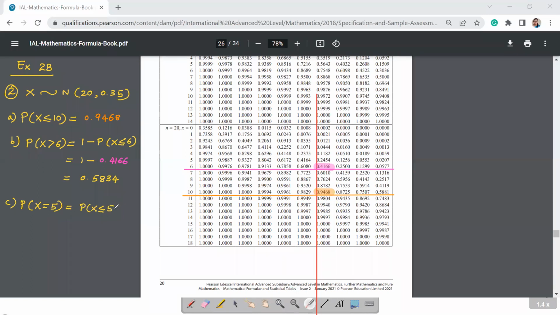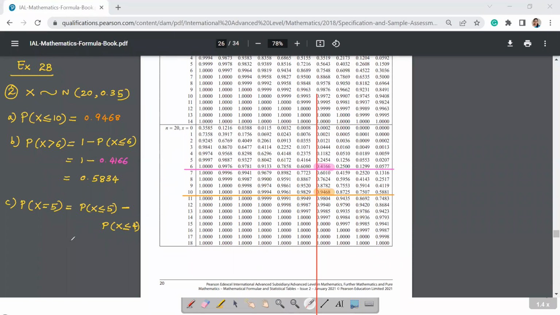And you subtract with what? x less than or equal to 5 includes the probability values 0, 1, 2, 3, 4, 5. From that, you reduce the probability x less than or equal to 4, which is 0, 1, 2, 3, 4. Then you will only remain with the x equal 5 probability.